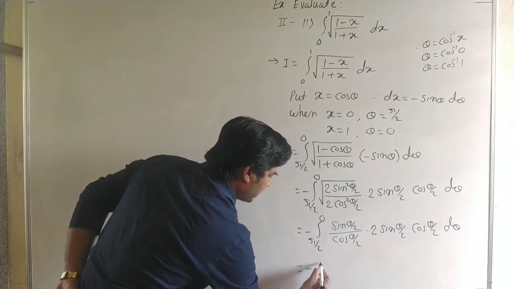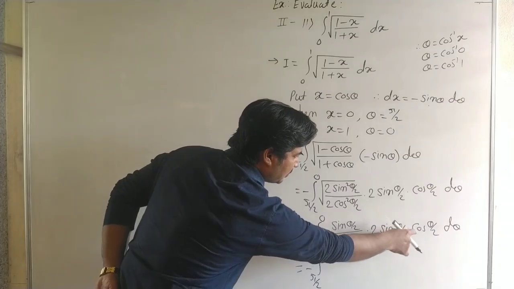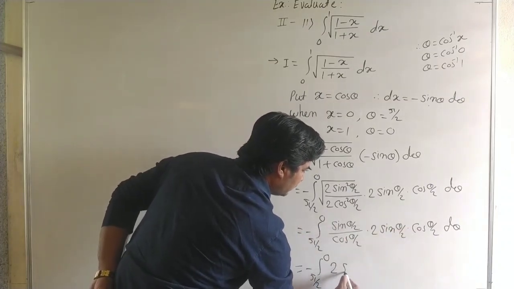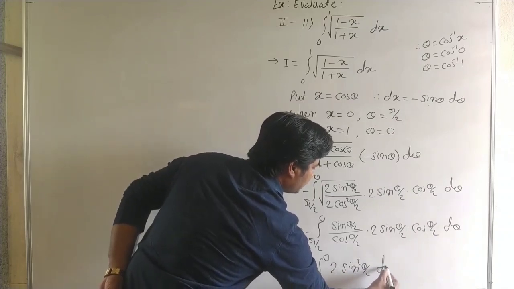Now it is minus pi by 2 to 0, the cos theta by 2 cancels, and it is 2 sin square theta by 2 d theta.